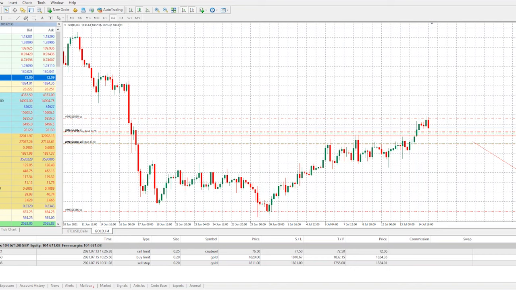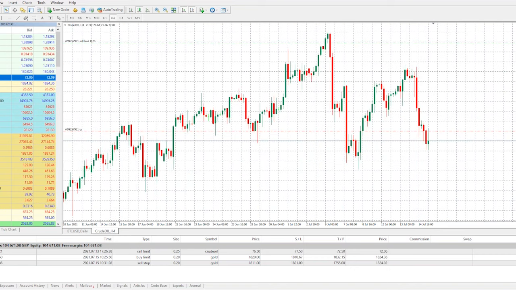If we look at oil, we talked about why oil has been dropping. First, we talked about why oil went up so high, above 77 a barrel. And then we talked about why oil has pulled back, because there's some bickering between the OPEC nations about are they going to increase production or not.